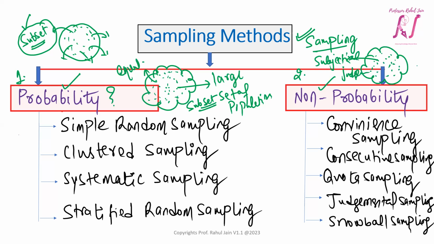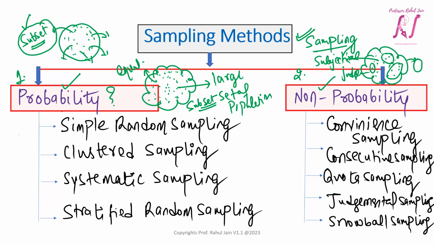If I want to choose a subset from this large population according to non-probability, we are going to choose samples with some important characteristics, based on subjective judgments. Getting it? It means that every individual entity does not have an equal probability. So here you can say that the chances of selection of each and every entity are unequal.